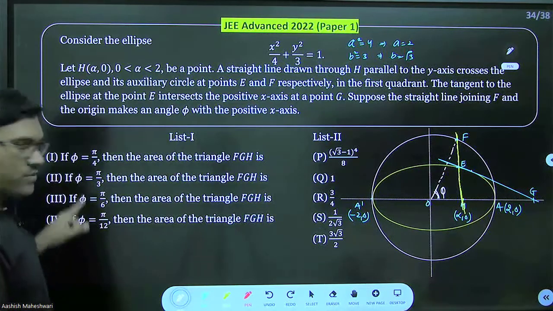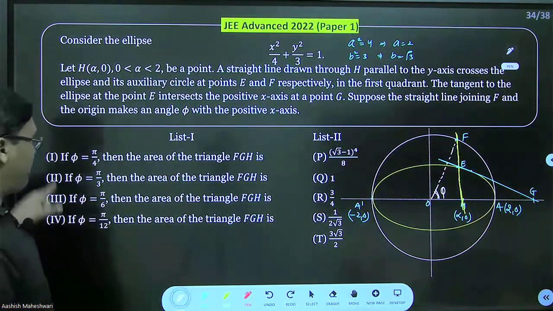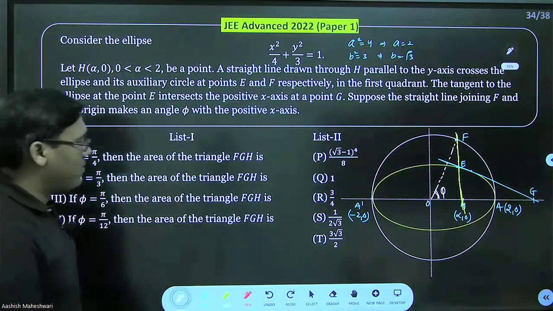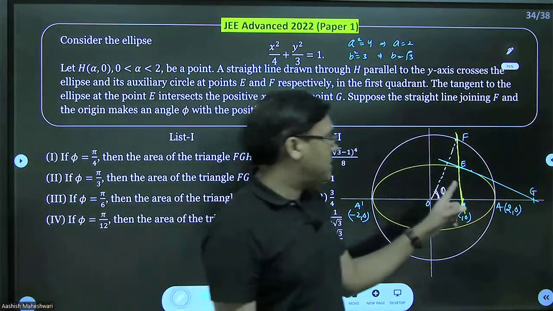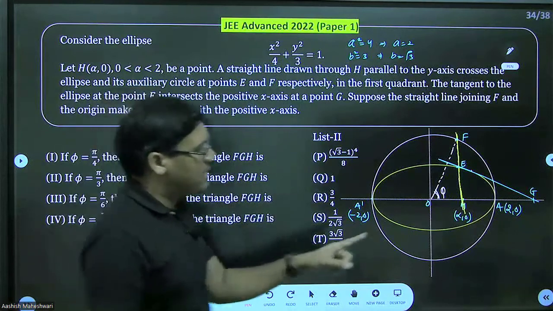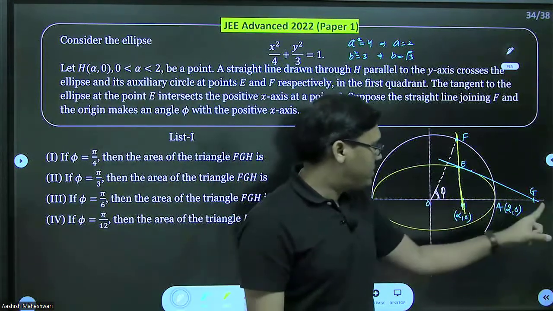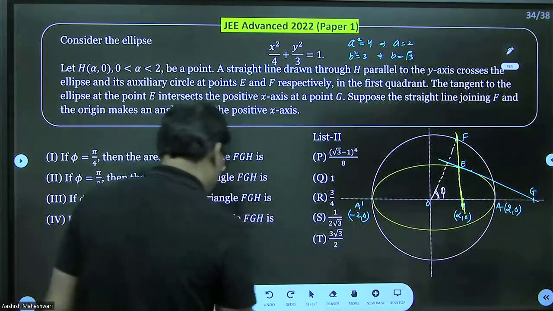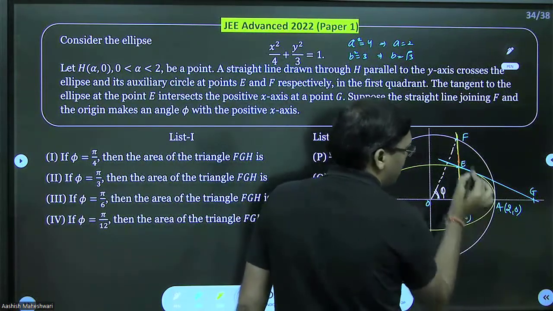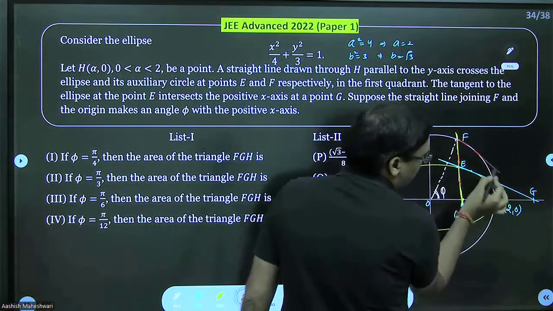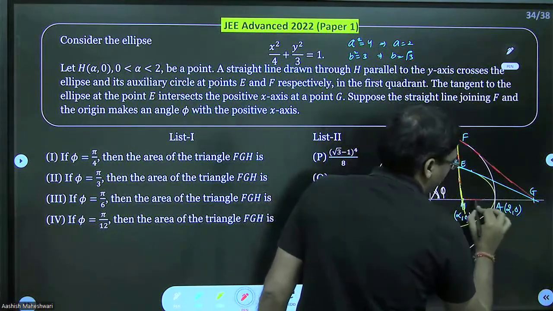Then if phi is equal to something, look in the question, the value of phi is given, then the area of triangle FGH, in all of them you only have to find the area of triangle FGH. That means you have to find the area of this triangle. You have to just find the area of this triangle. This is what we have to find.